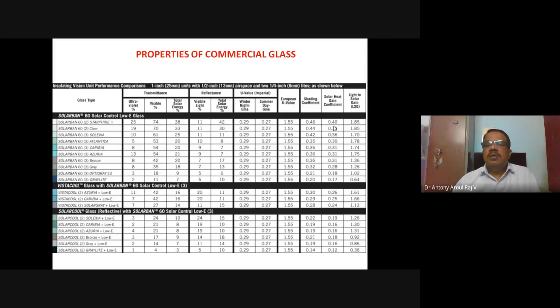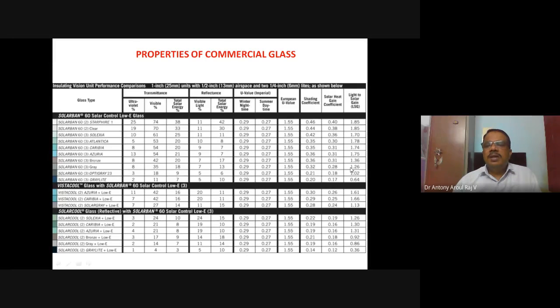You can find both these properties are decreasing when you are decreasing the transmissivity. So the amount of heat or light entering into the building is reducing.